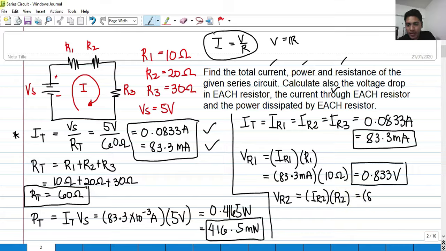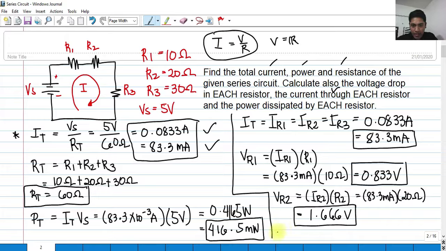So we have 83.3 milliamps multiplied by 20 ohms. We expect the voltage drop in resistor 2 to be much greater than in resistor 1, and by our calculation, that's 1.666 volts.